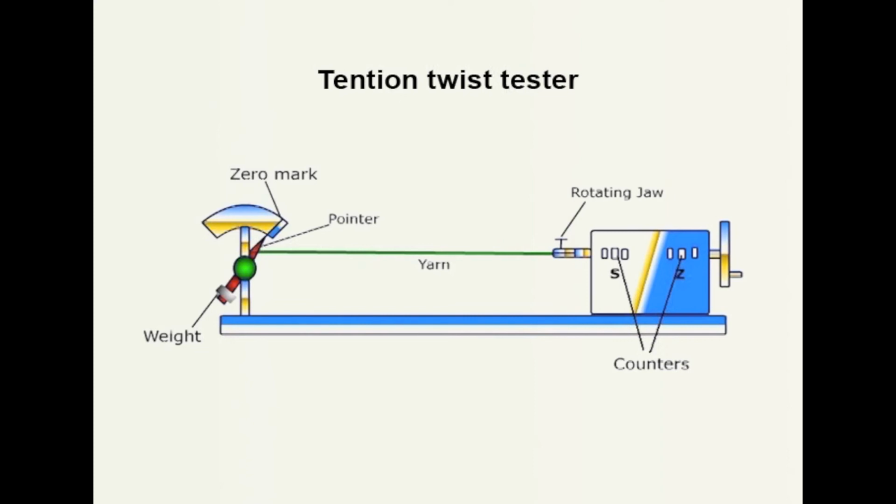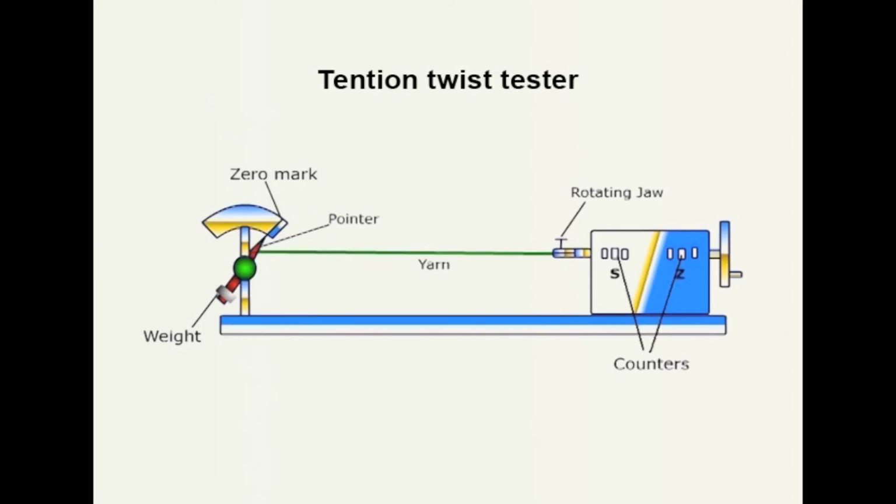The yarn is pulled towards the rotating jaw and clamped so that the pointer indicates the 0 mark on the scale. A little tension or weight is given to keep the yarn straight, and after the twist is removed, either the Z or the S twist, we can calculate it using the counters and the knob for turning.